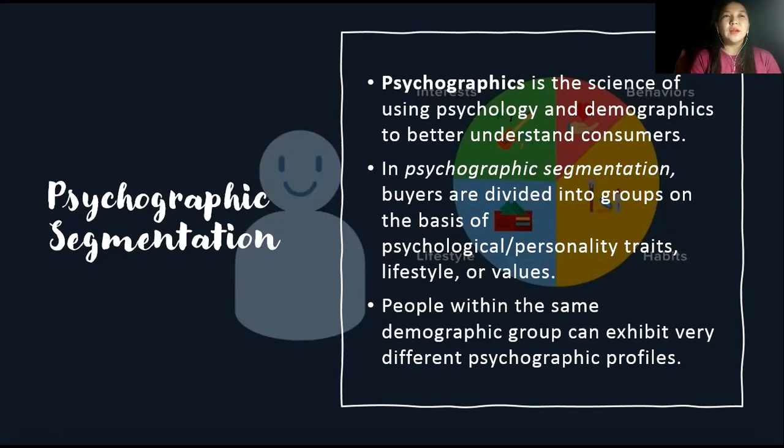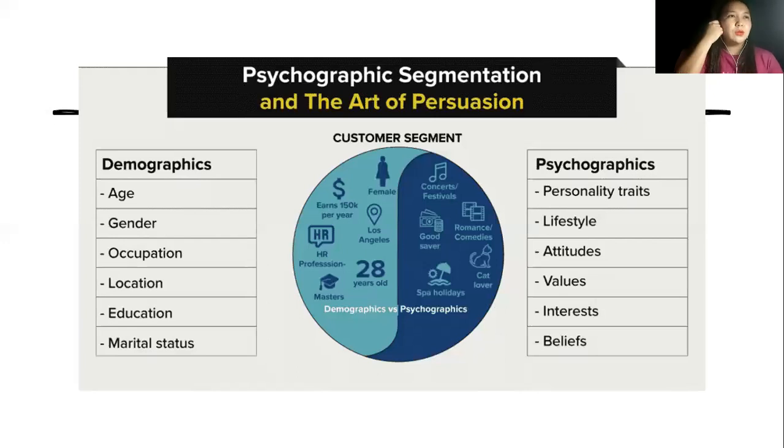So, they are divided into groups on the basis of psychological or personal traits, lifestyle, or values. So, dito yung sinasabi ko na, okay, yung values, pwede siyang mag-fall sa psychographic segmentation. Okay. So, people within the same demographic group can exhibit very different psychographic profiles. Okay, so if we would differentiate the two, yung demographics sa psychographics, in terms of demographics, pwedeng age, gender, occupation, location, education, marital status.